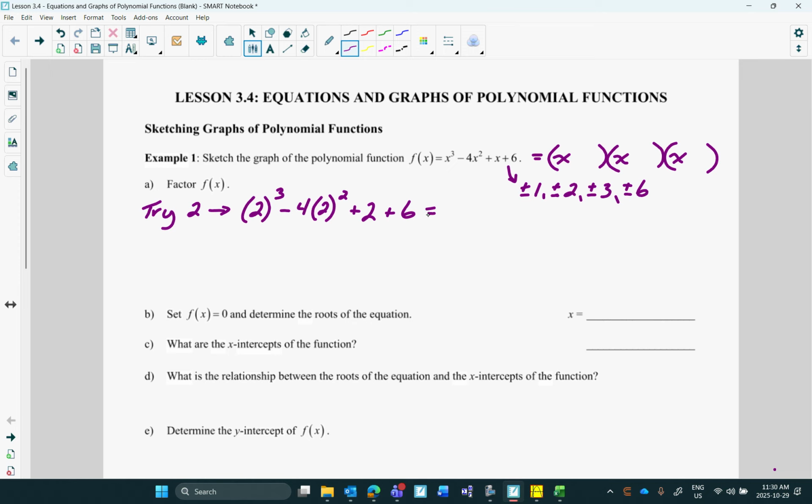Well, that's the same as 8 minus 16 plus 2 plus 6, which equals 0. Therefore, what's one of the factors? x minus 2.